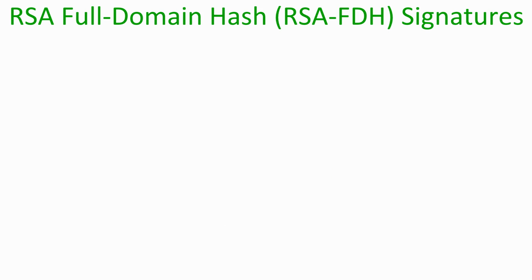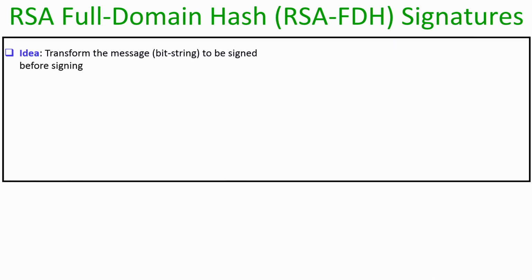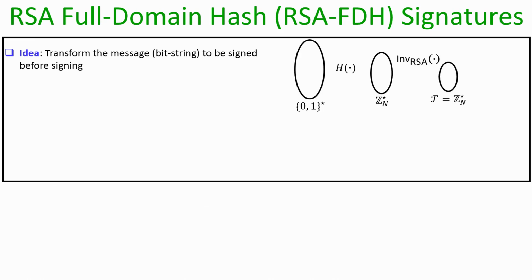So, now the question is, can we design a secure signature scheme based on the RSA function, and the answer is yes. We can construct what we call the RSA full domain hash signature. On a very high level this might look like an instantiation of the hash and sign paradigm, but actually it is not a full-fledged instantiation of the hash and sign paradigm. The idea here is we again want to transform the message bit string which we want to sign before signing using the RSA function.